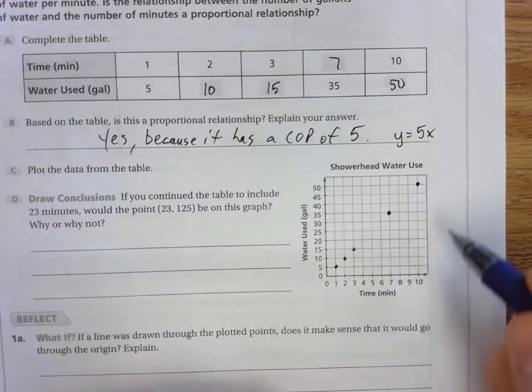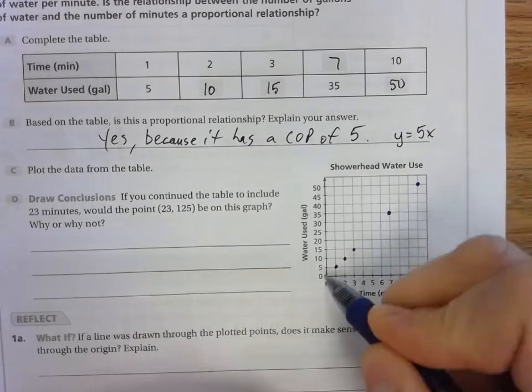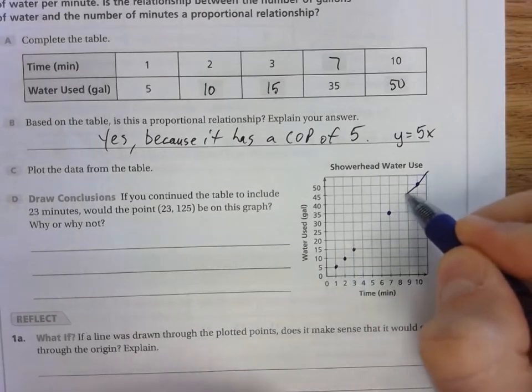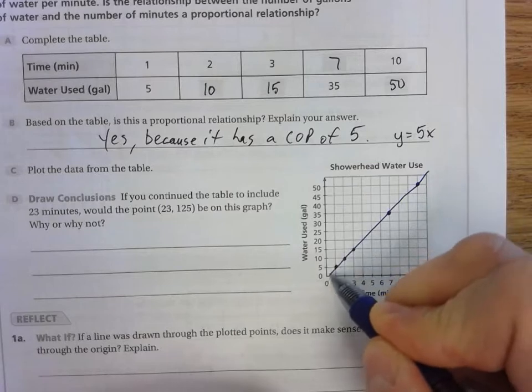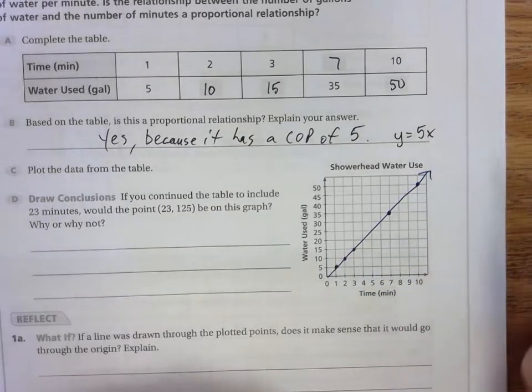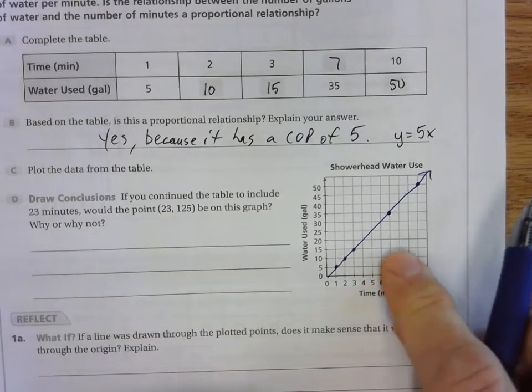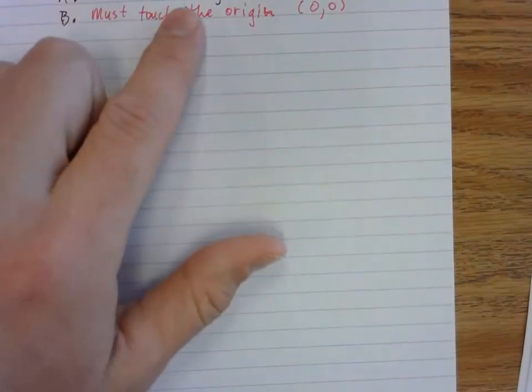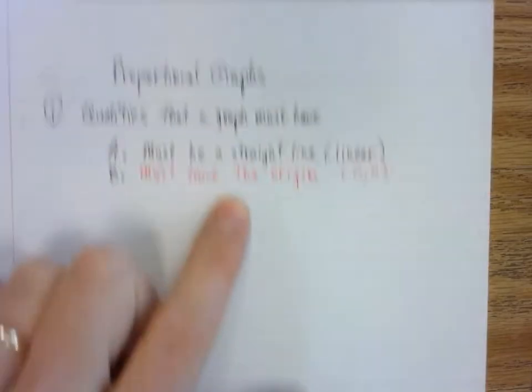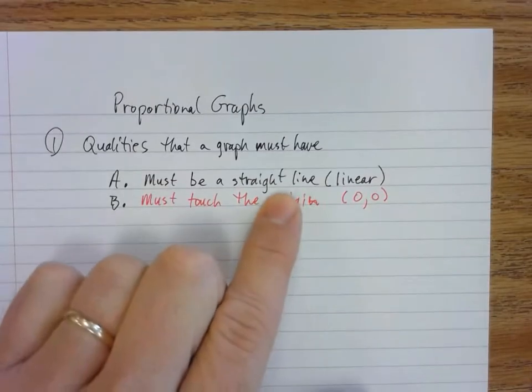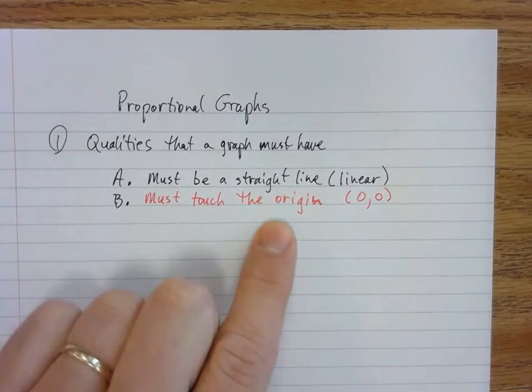Okay, if you hook all those together, I'm just going to start here. Of course, it would keep going. Alright, so let's talk about some things. So if we go back to the questions we had here, is it a straight line and does it touch the origin?